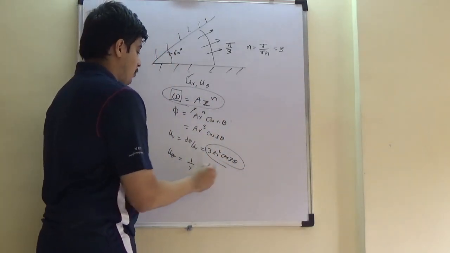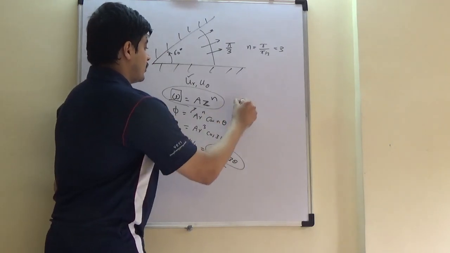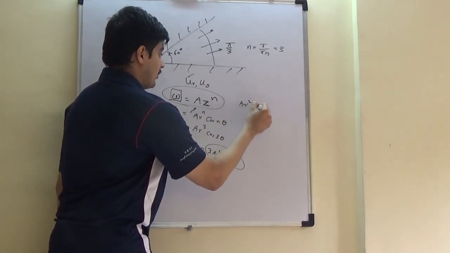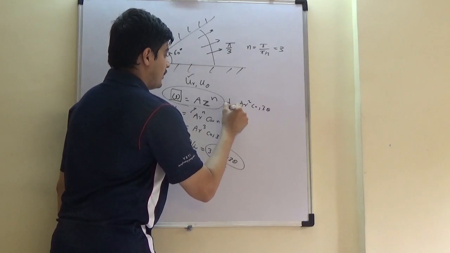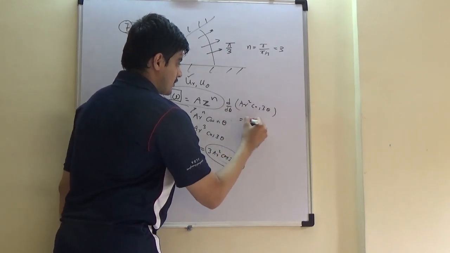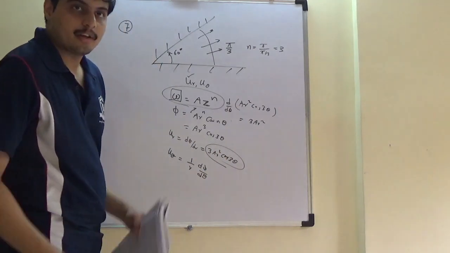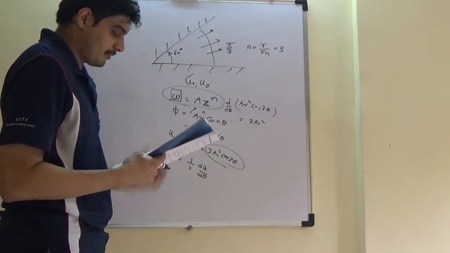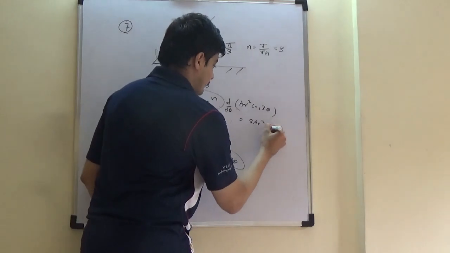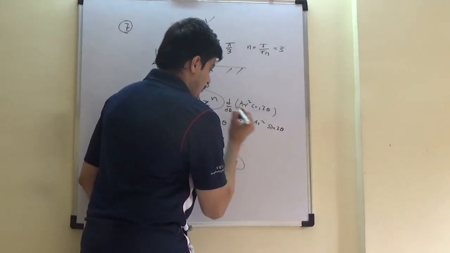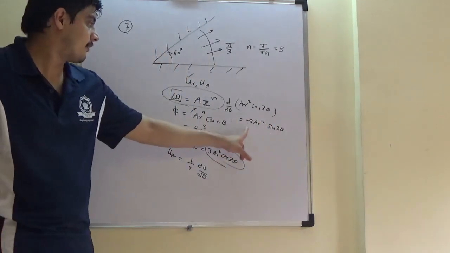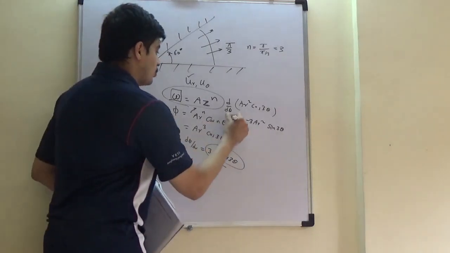What is u theta? 1 upon r d phi by d theta. So it will be a r square cos 3 theta differentiated by d theta. What is this? 3 cos of n theta, n, right? But derivative of cos theta is minus sin theta. So this is u theta.